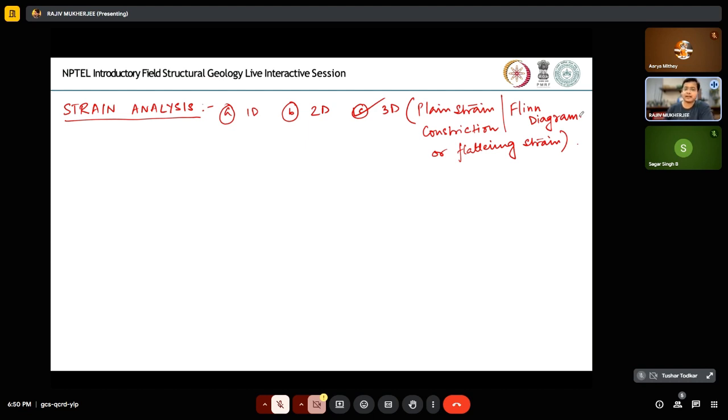But I think that we should also be focusing on 1D and 2D strain analysis in this discussion session. So when we talk about strain analysis, you should always keep in mind that in theory we can learn about progressive deformation or progressive strain, but in practicality we cannot measure progressive strain, we only measure finite strain.